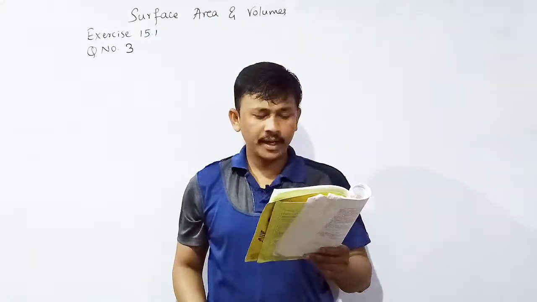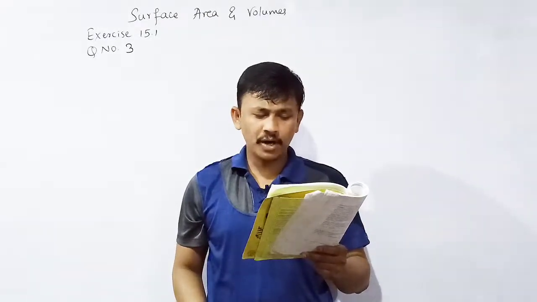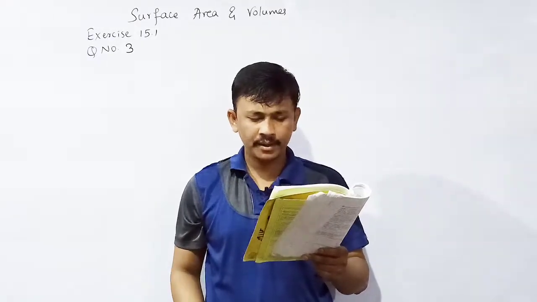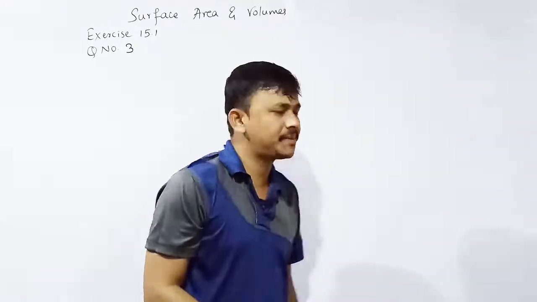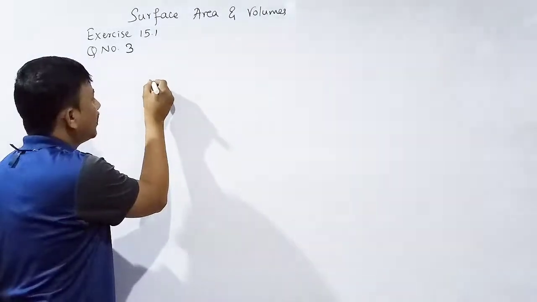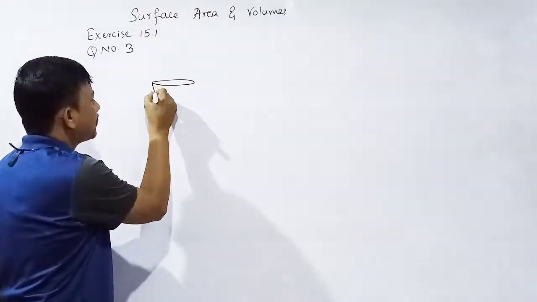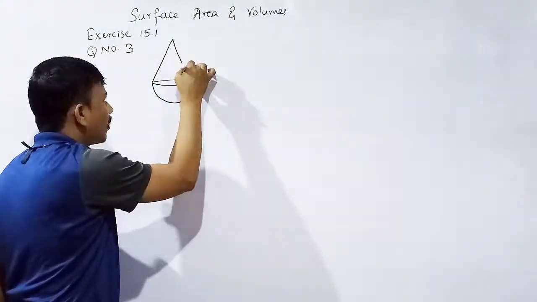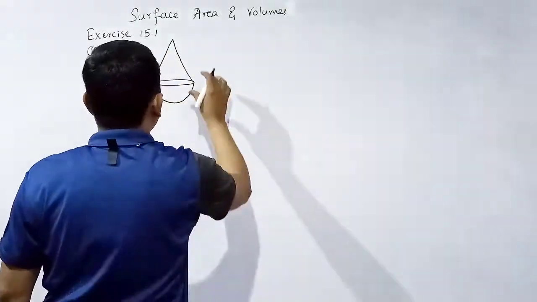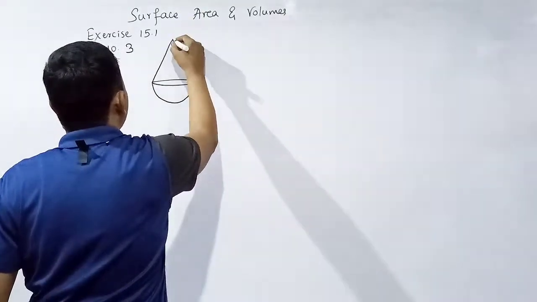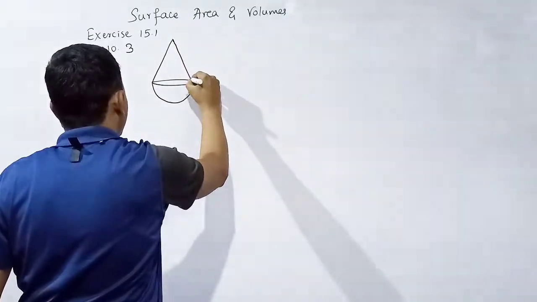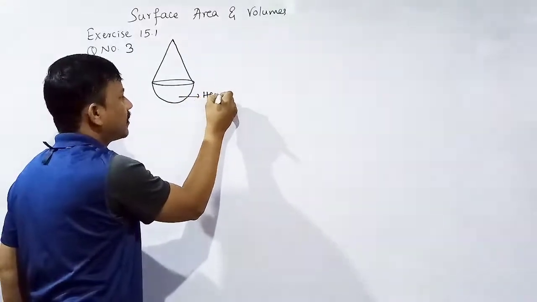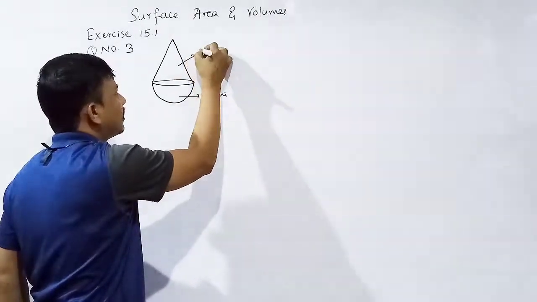Question number 3. A toy is in the form of a cone of radius 3.5 centimeter mounted on a hemisphere. A toy in the form of a cone which is mounted on a hemisphere. This is the cone, yes or no? The cone which is having the base hemisphere. What is this? Hemisphere. What is this?